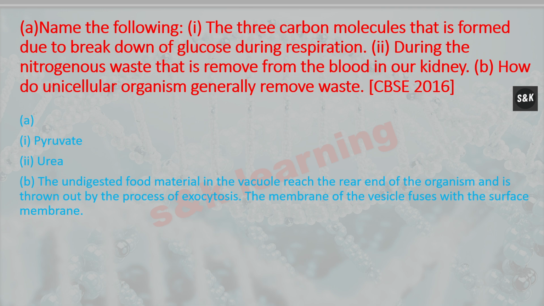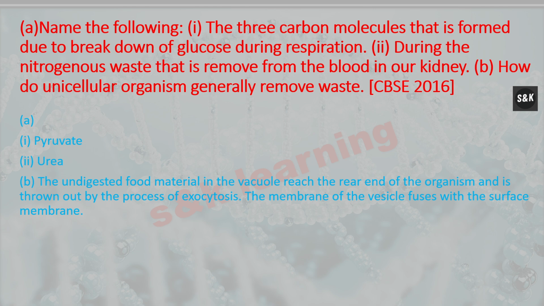Name the following: the three carbon molecule that is formed due to breakdown of glucose during respiration. The nitrogenous waste that is removed from the blood in our kidney. How do unicellular organisms generally remove waste? A. The three carbon molecule that is formed due to breakdown of glucose during respiration is pyruvate.